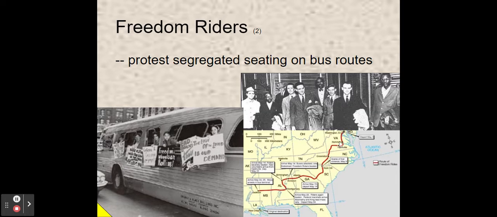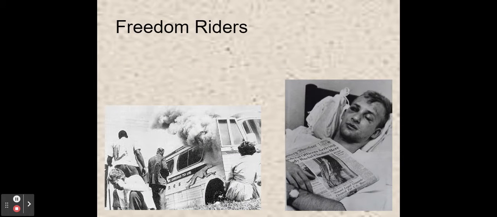Now notice, the further south they get, the more violence erupts. These people that are simply protesting peacefully and demanding an end to segregation on bus routes are going to be attacked violently by mobs. Originally, I think it was a group of 13 men. The May 14th attacks are probably the worst.